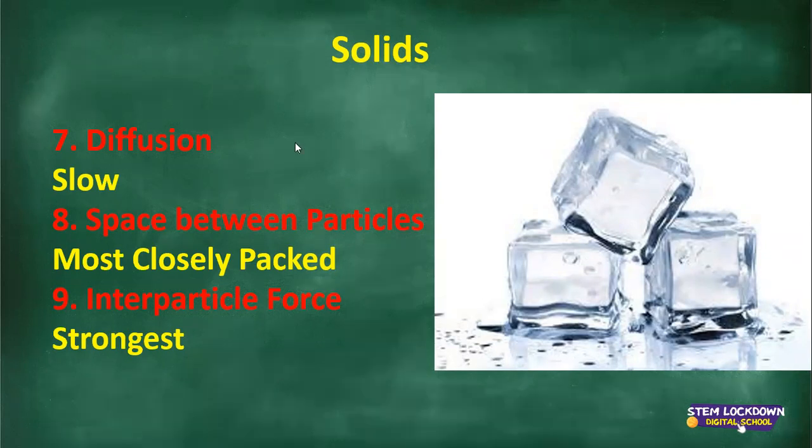And the same thing happens with molecules when they are solid. They are mostly closely packed, okay? So they hold each other tightly because they are solid. And the force between them, the strength with which they hold one another, is very strong, okay? So it is strongest of the three states. Okay, are we together?